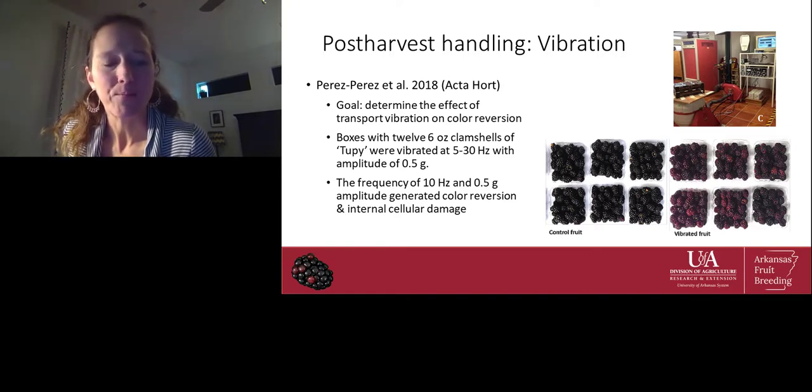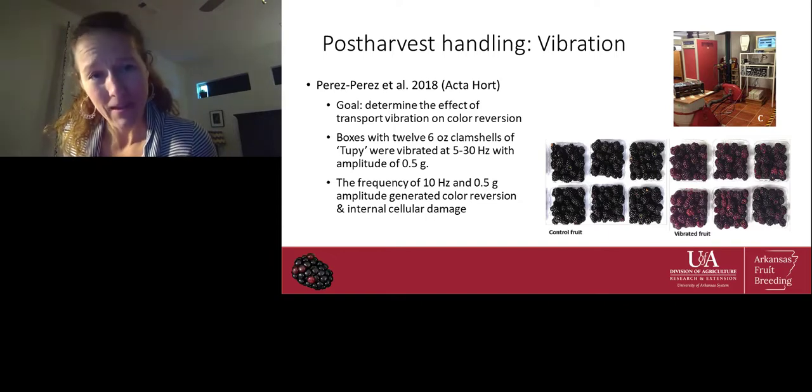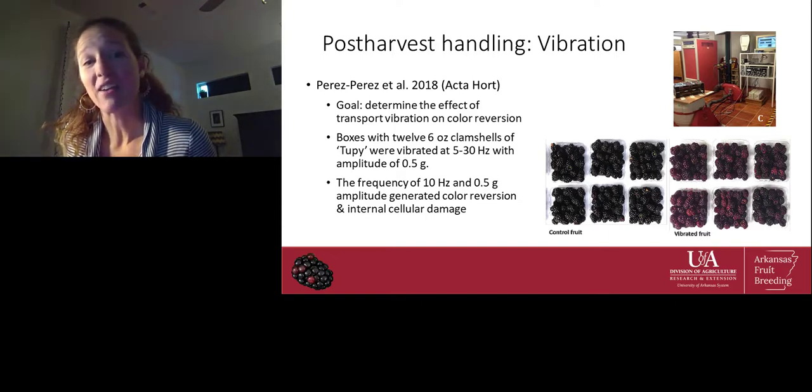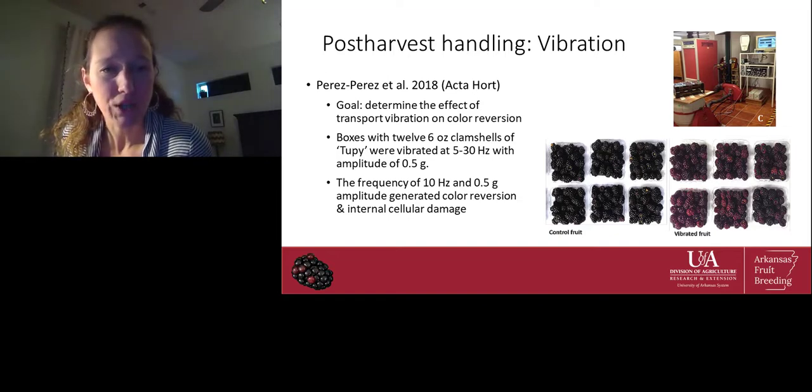They took boxes with 12 6-ounce clamshells of Tupi and vibrated them on a vibration machine between 5 and 30 hertz with an amplitude of 0.5. They found that at a frequency of 10 hertz with 0.5 amplitude, they generated color reversion and internal cellular damage. They have a picture here from their paper of control fruit versus the vibrated fruit.